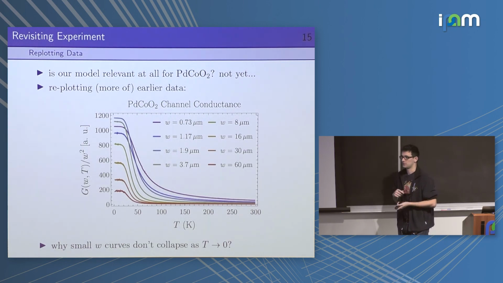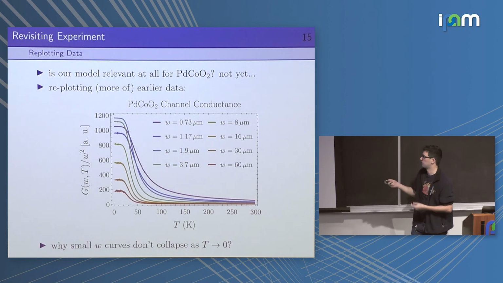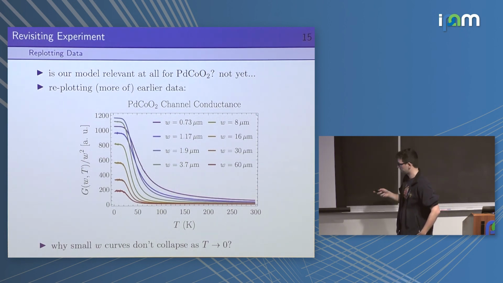So at least mathematically, the Boltzmann equation would tell you that G over W squared is a number, if you're at 0 temperature and there's no impurities. And they don't really see that effect here. They see this kind of weird misordering of the curves, and this is all of the effect that they reported in their paper. It's all that these curves are misaligned.